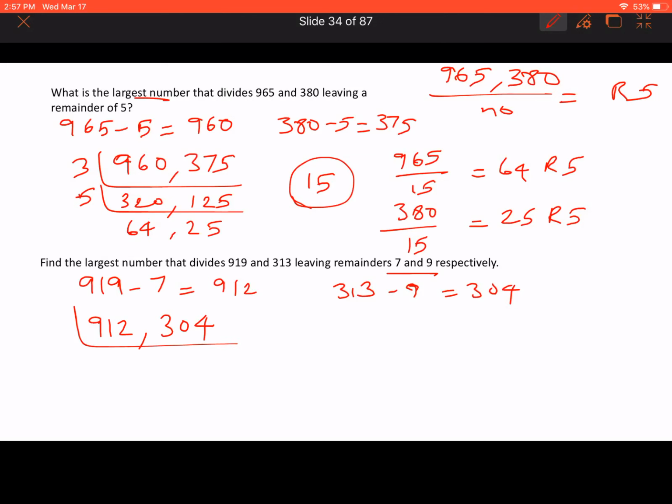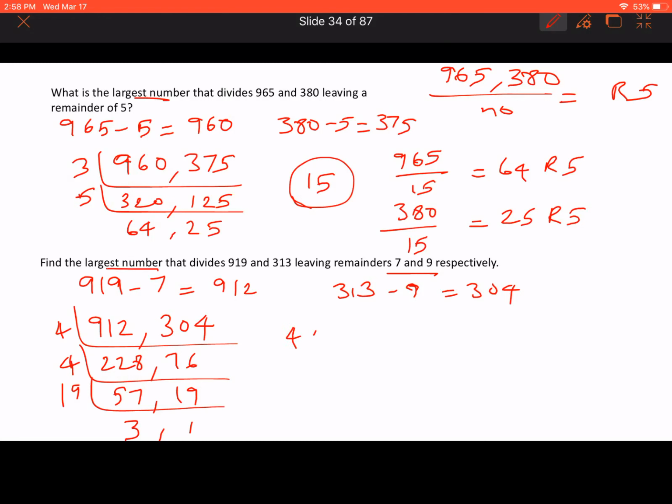So it is 4 times, again we can go for another 4 times, and then we can go for 19. So 3 times and 1. So multiplying 4 times 19, because we have to find the largest number, that is only the GCF.